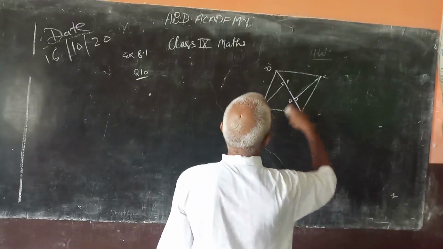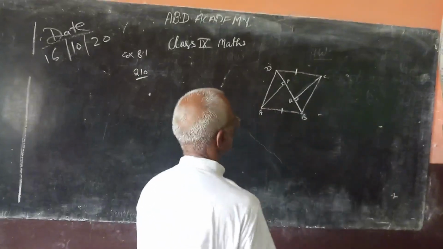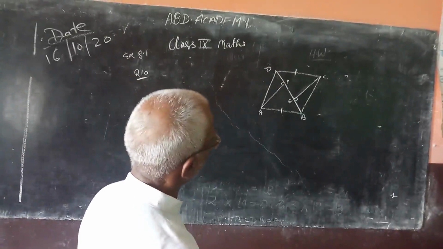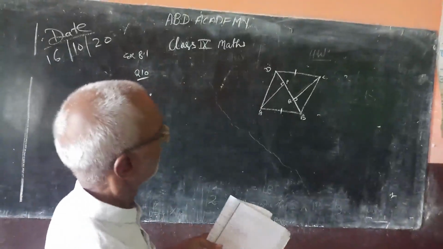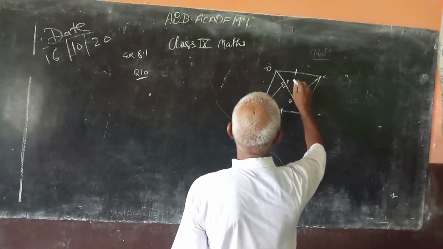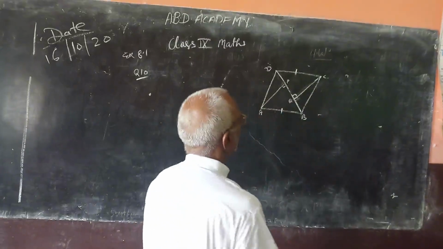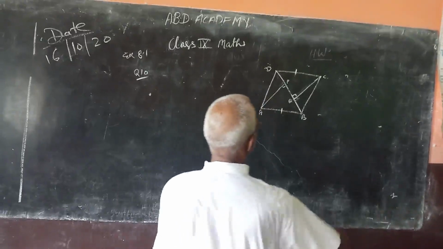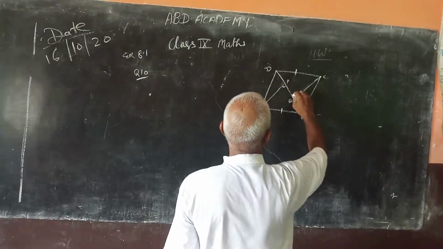Triangles APB and CQD. In 2 triangles, one side, that is AB, is equal to CD. Remember it? AB equal to CD. And one angle is 90 here. This 90 means this also 90. Angle APB is equal to angle CQD, equal to 90. Both are 90.